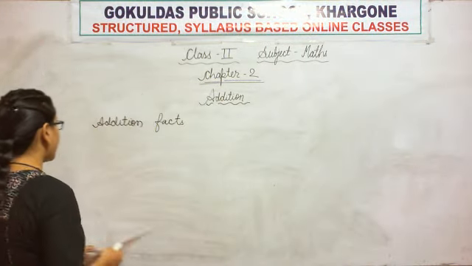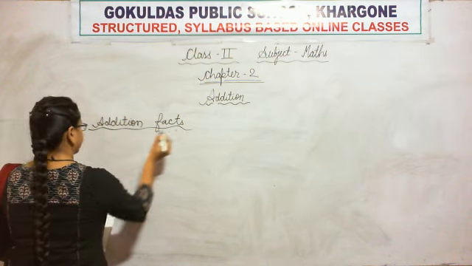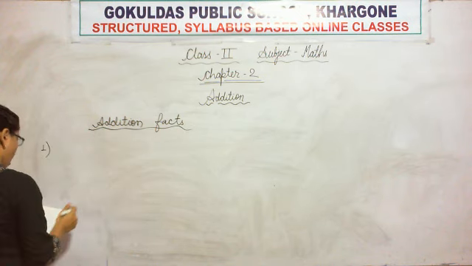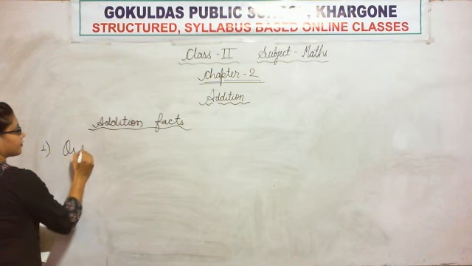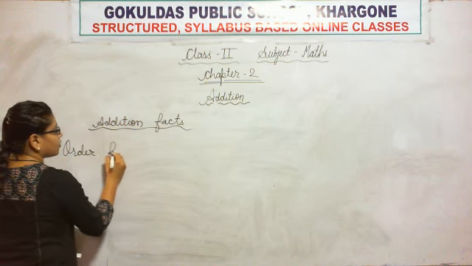So the first one is order property. You can write with me also.